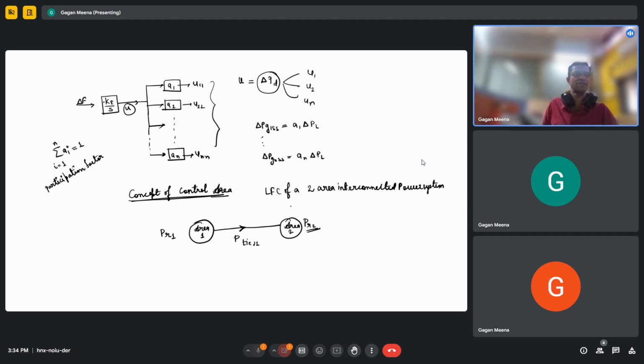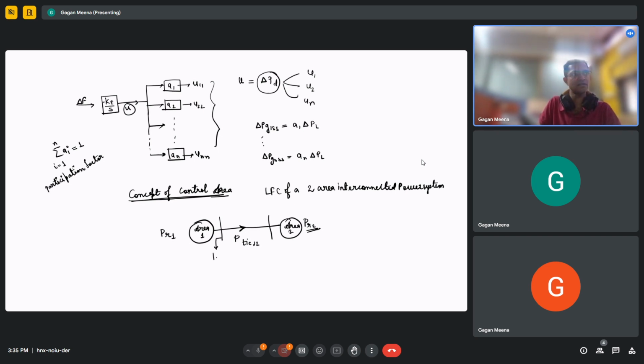For the transmission system we assume that the resistance is negligible, and we want to see how a small change in load in one of the areas will affect things.